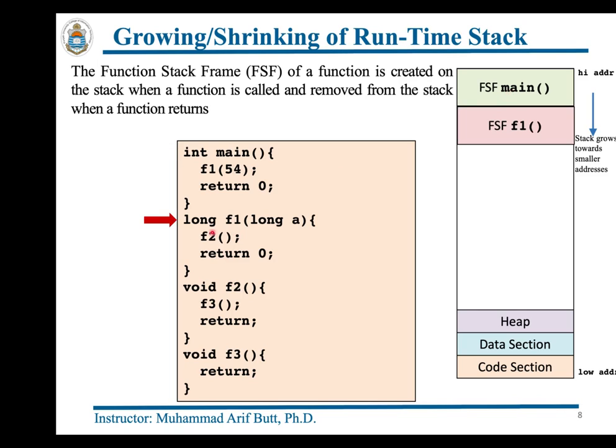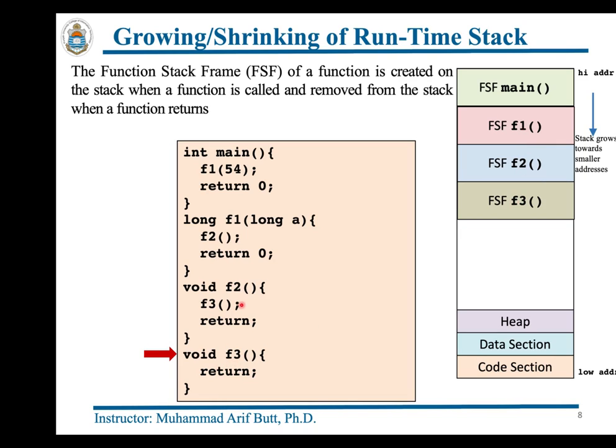And once the control of execution is inside the function f1, the runtime stack contains another function stack frame for the function f1. And when the control of execution is in f2, the stack contains the FSF or activation record of f2. And finally over here we have four activation records on the stack, one for each function.